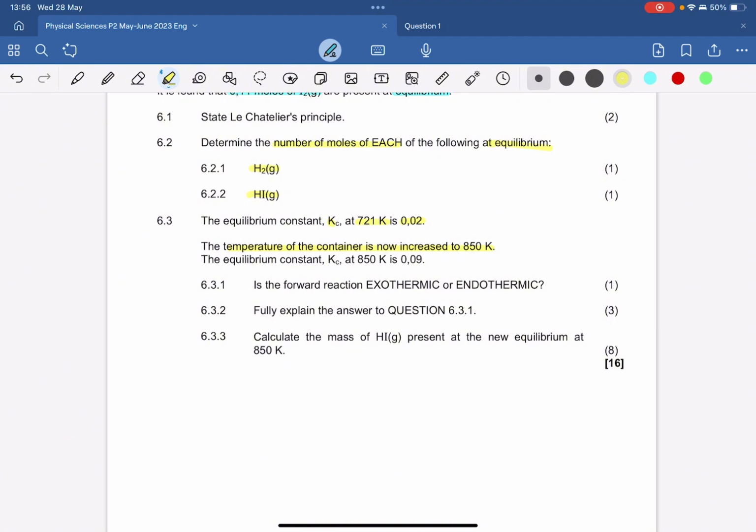As a result of the temperature increase, the equilibrium constant Kc at 850 Kelvin is now 0.8. So the Kc value also increased with the increase in temperature. And the first question is asking us, is the forward reaction exothermic or endothermic?